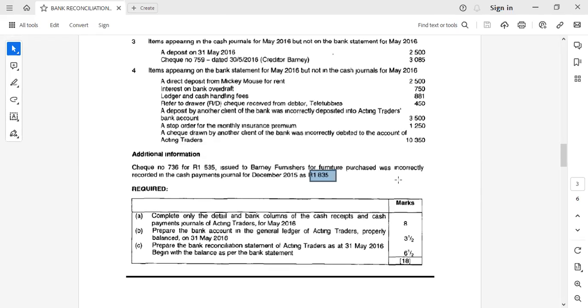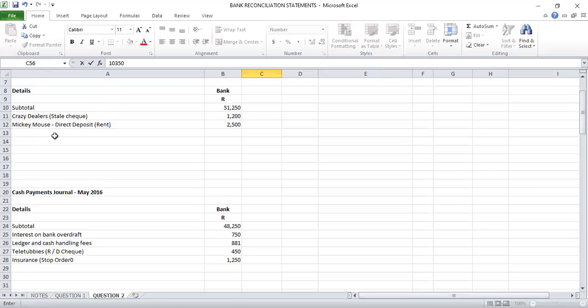So when a payment is overstated, we record in the cash receipts journal. If it had been understated, we're going to record in the cash payments journal. So this is overstated. We only record the difference.